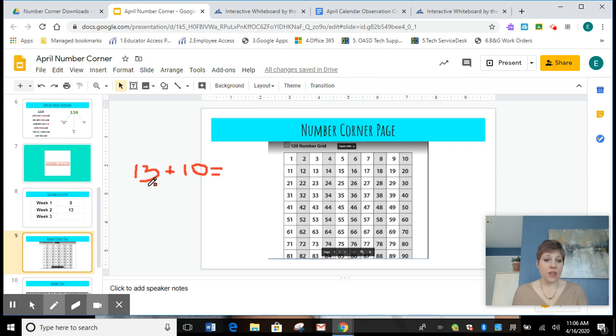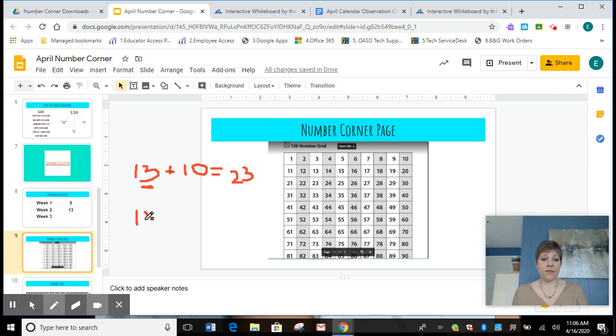So since I see a 3 in the one spot of 13, I know my final answer is still going to end in a 3. If I'm at 13 and I add a group of 10, it's the same as me taking one hop down or adding a second group of 10, and I'd land at 23. 13 plus 10 is 23.